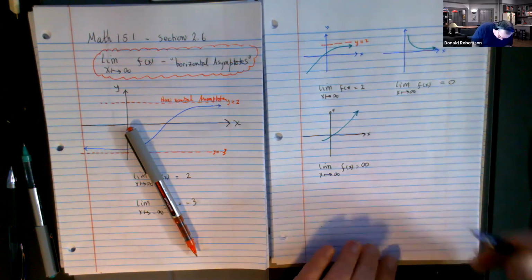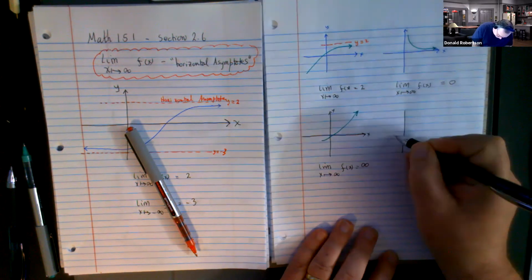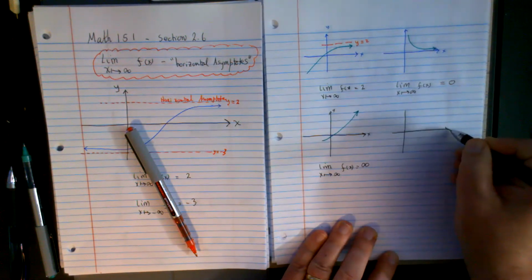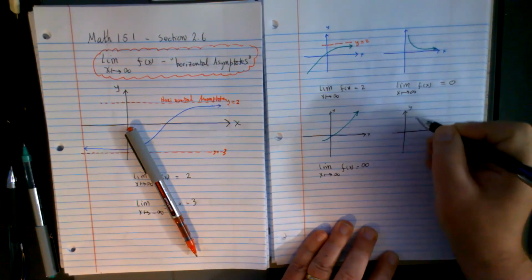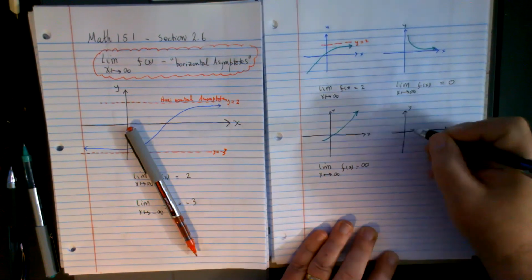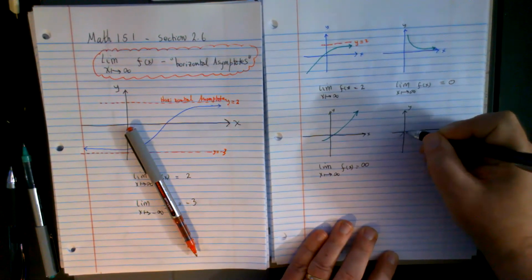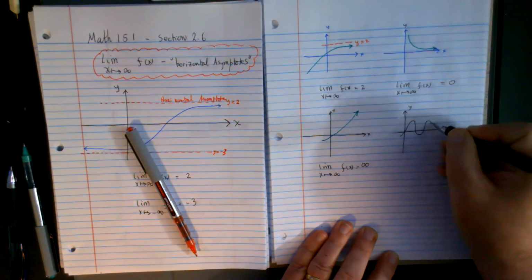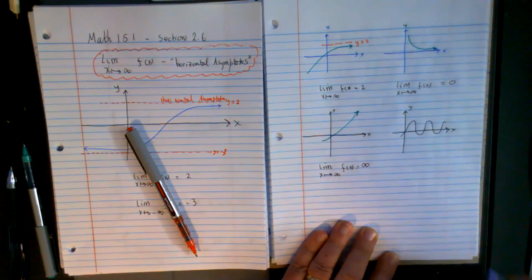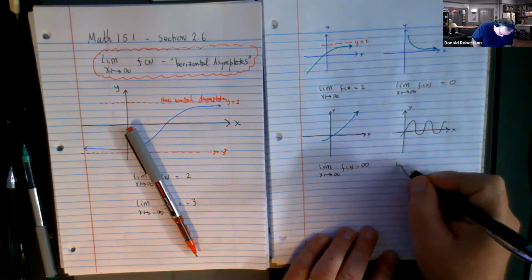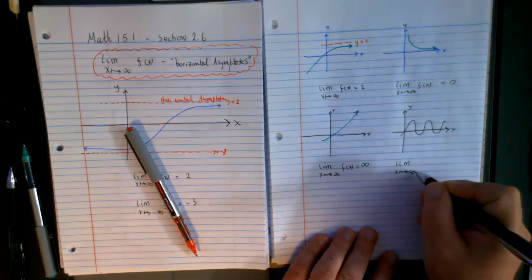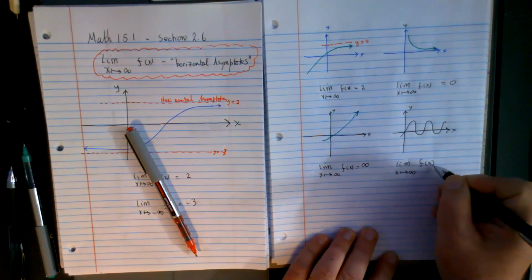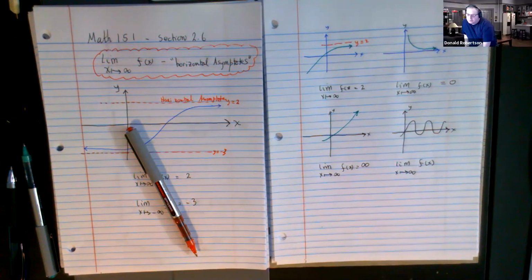And here is the fourth possibility. Can you imagine a sine curve, up and down forever?